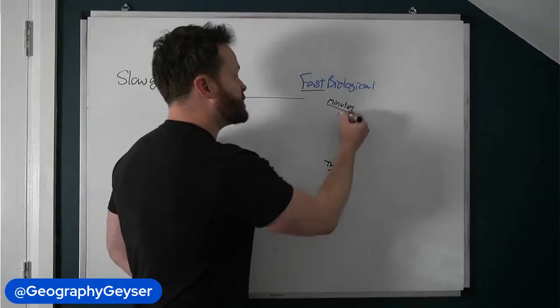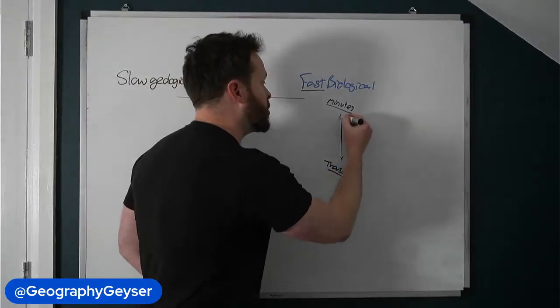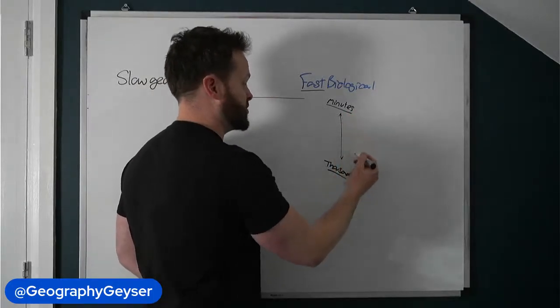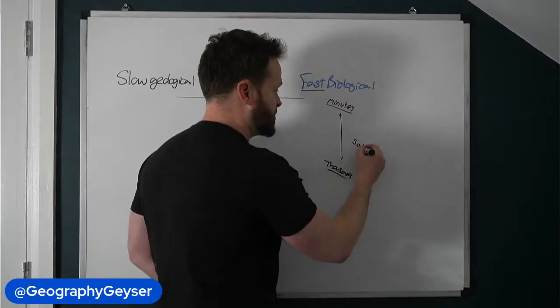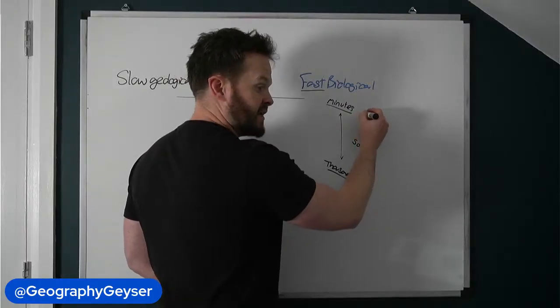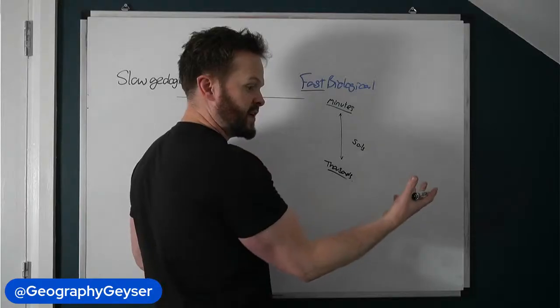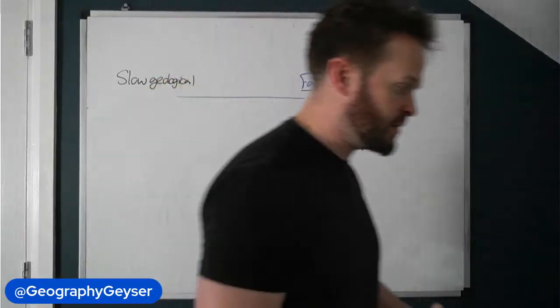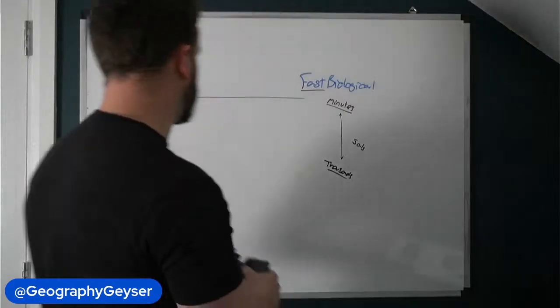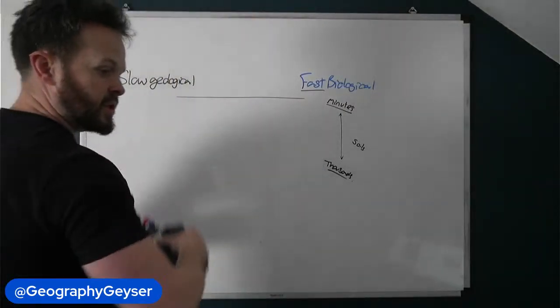So there's faster and slower processes in the fast biological cycle. Slower things do take place in soils. Fast things are in the surface oceans and vegetation. So that's where I think the confusion might be. But they're the two cycles that you want to talk about.